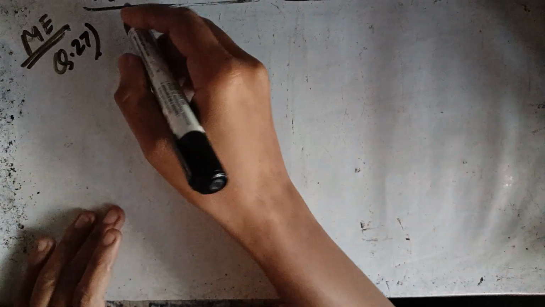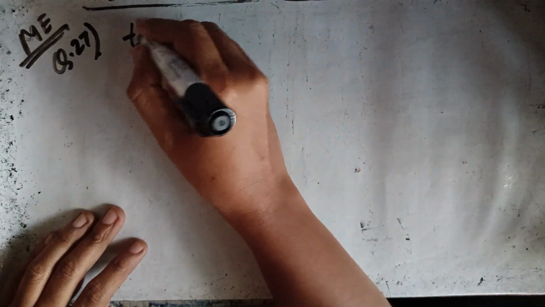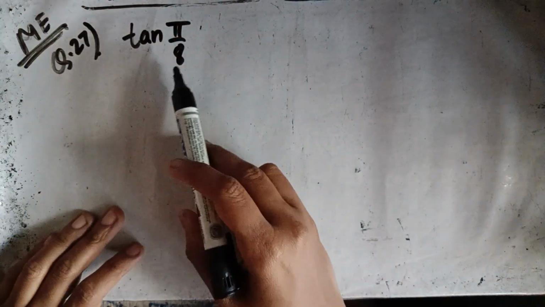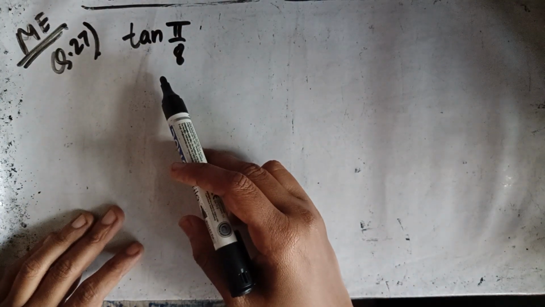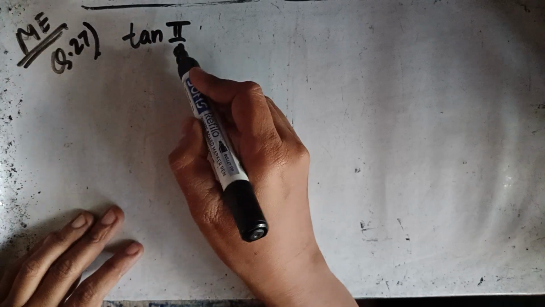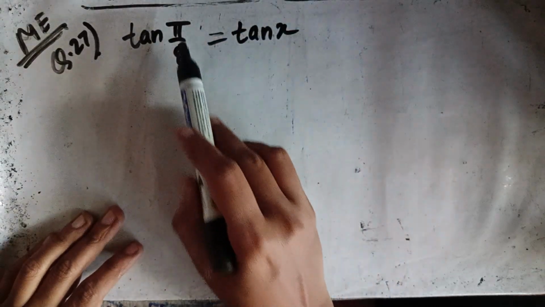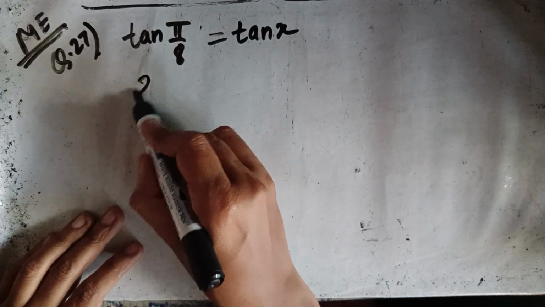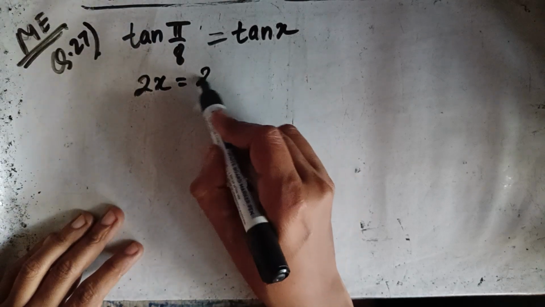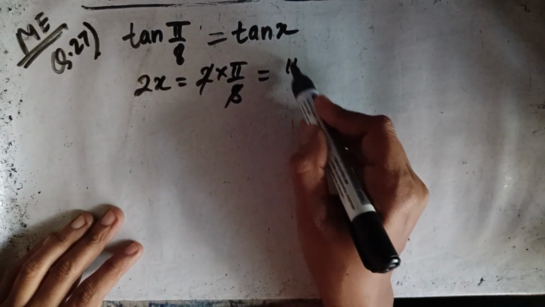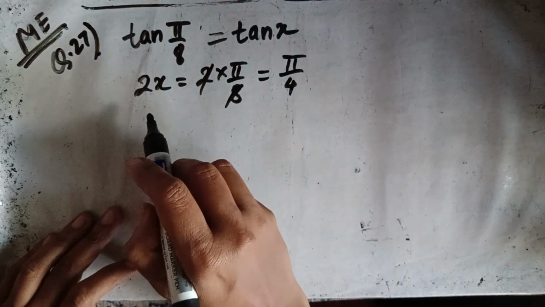Question number 27. You have to find the value of tan pi by 8. So we are taking x as pi by 8. So 2x will be what? Pi by 4, right.